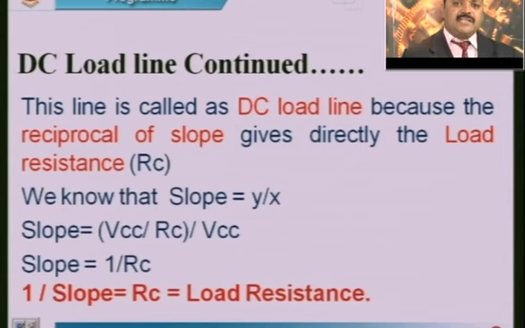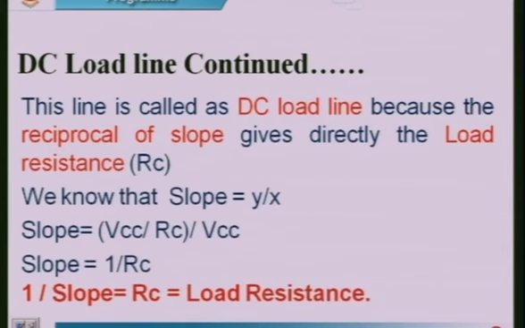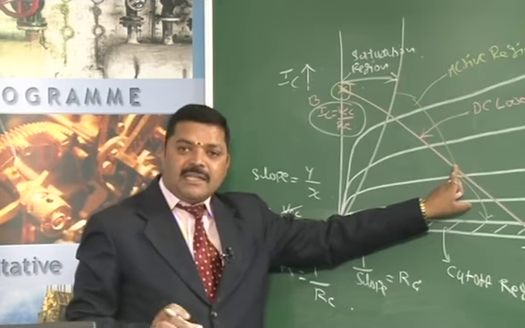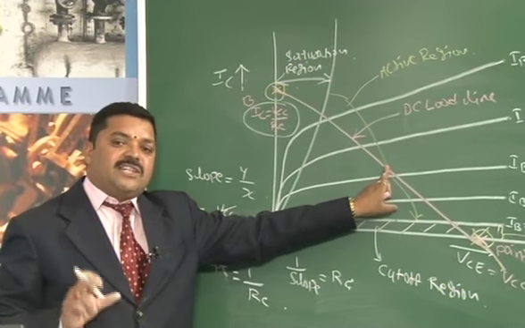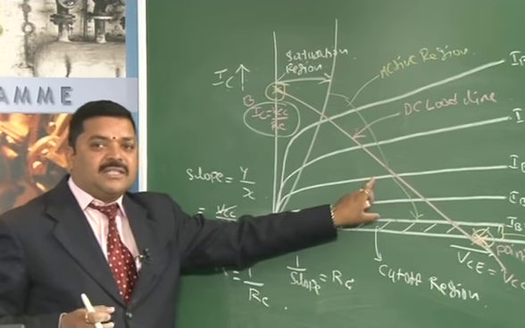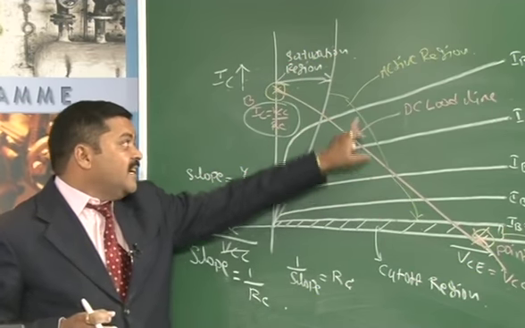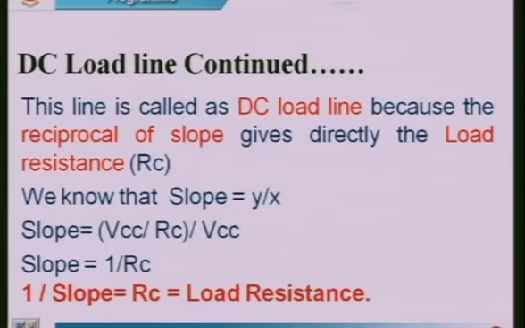Therefore, when we take the reciprocal of the slope of this line, we get the load directly. Therefore, it is called a load line. And under DC conditions we have drawn this load line, therefore it is a DC load line. So, this is how we draw the DC load line.